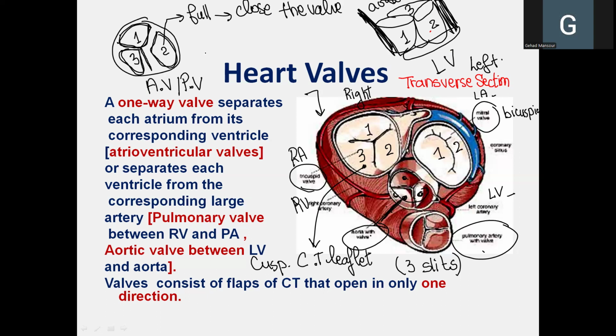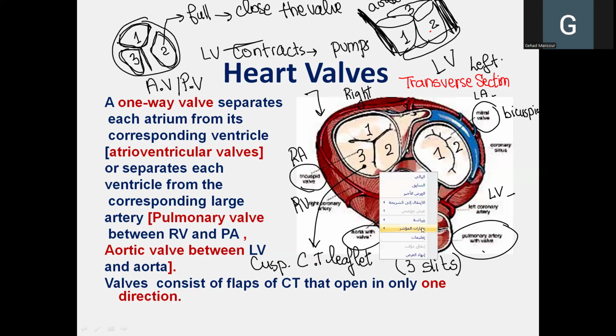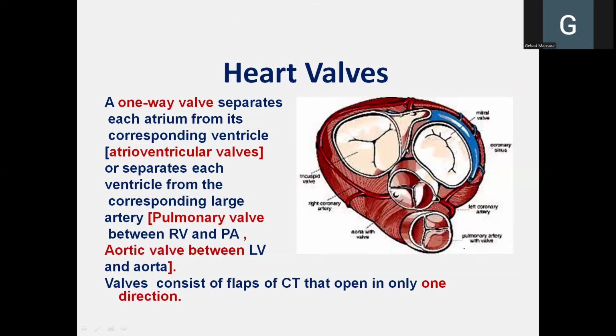For example, when the left ventricle contracts and pumps blood into the aorta, these three pockets will be filled with blood and will get bigger, and when they get bigger, they become more adjacent to each other and the valve closes.